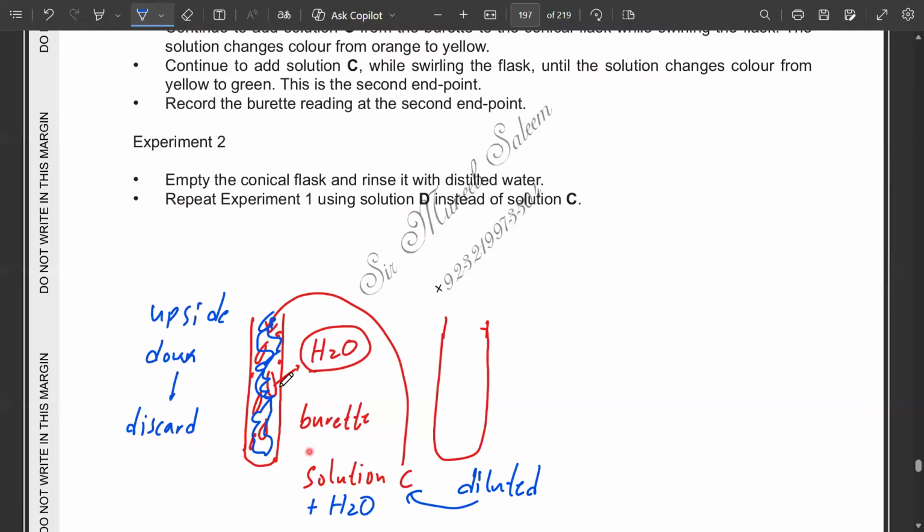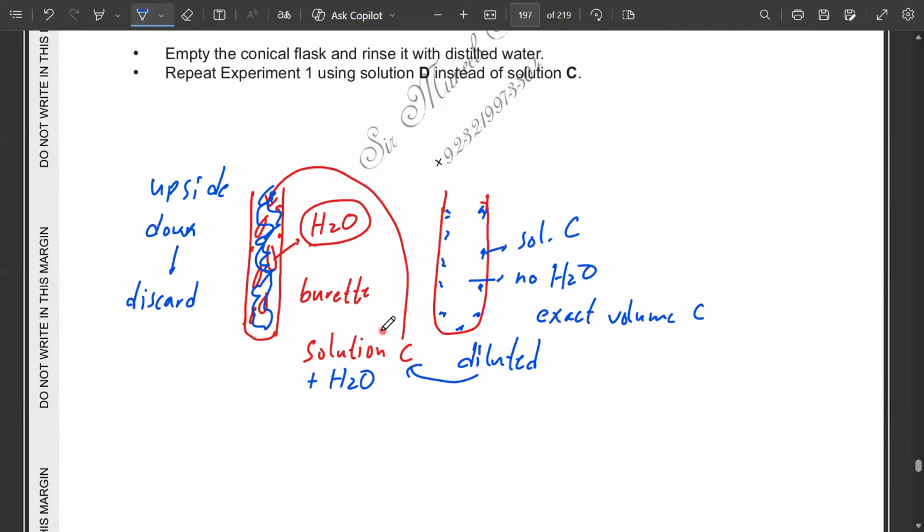So now there are no more water droplets left behind, just droplets of solution C on the walls of the burette. No H2O droplets. Now this time, if you perform the experiment, you will get the exact volume of solution C used in the titration. So this is the reason why we do the rinsing.